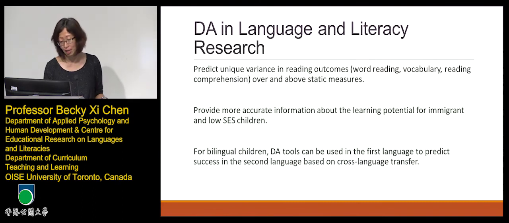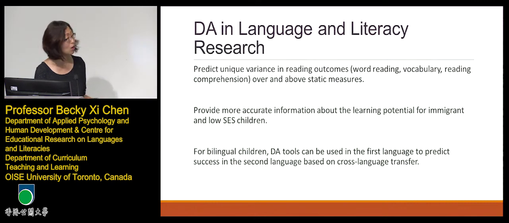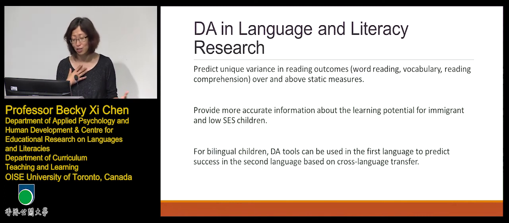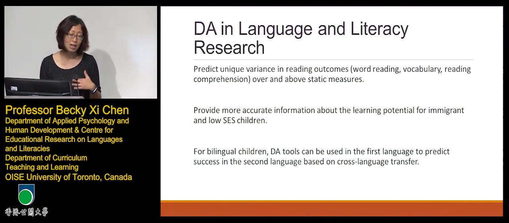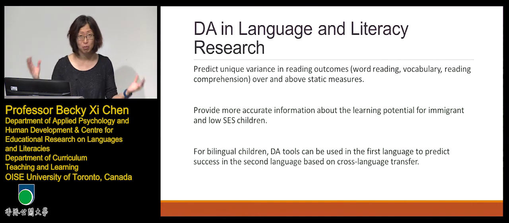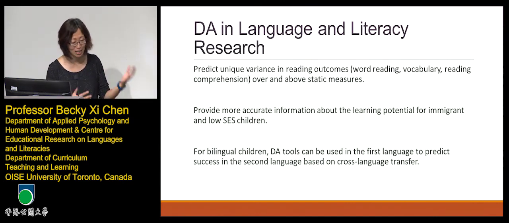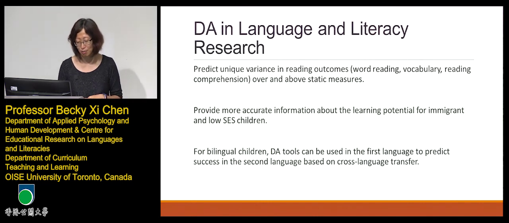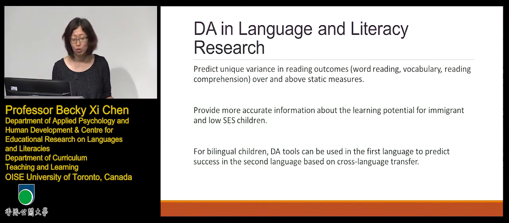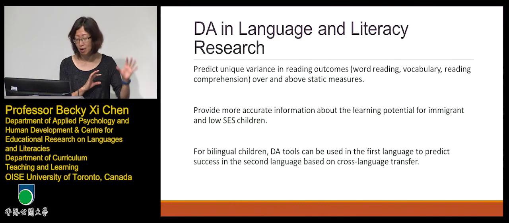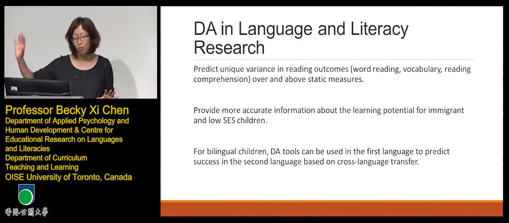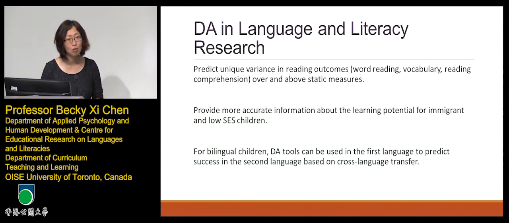Okay, so I mentioned that already. For certain populations, such as low SES children and immigrant children, dynamic assessment provides more accurate information than static standardized assessment. And for bilingual children, dynamic assessment can be used in one language to predict outcome in the other language.